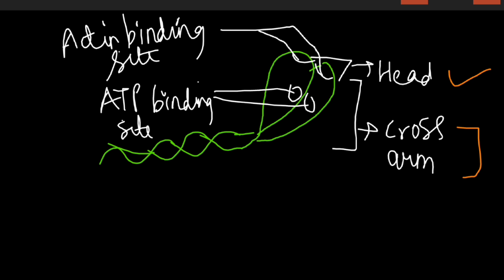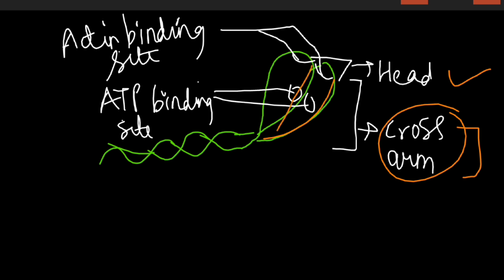The meromyosin consists of a short arm and a tail. The former is called heavy meromyosin and the latter is called light meromyosin. The heavy meromyosin components, that is the head and the short arm, project outward at a regular distance and angle from each other from the surface of the polymerized myosin filaments, which is known as the cross arm.